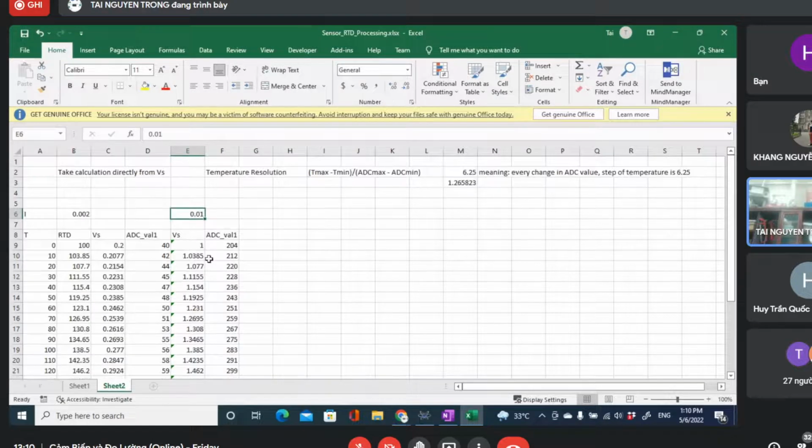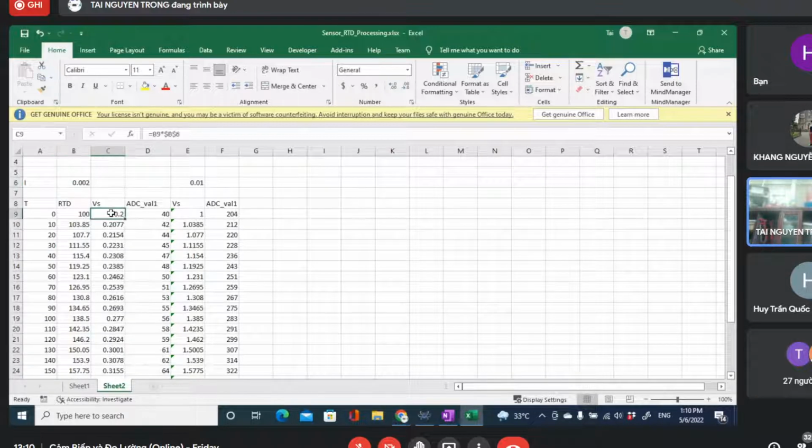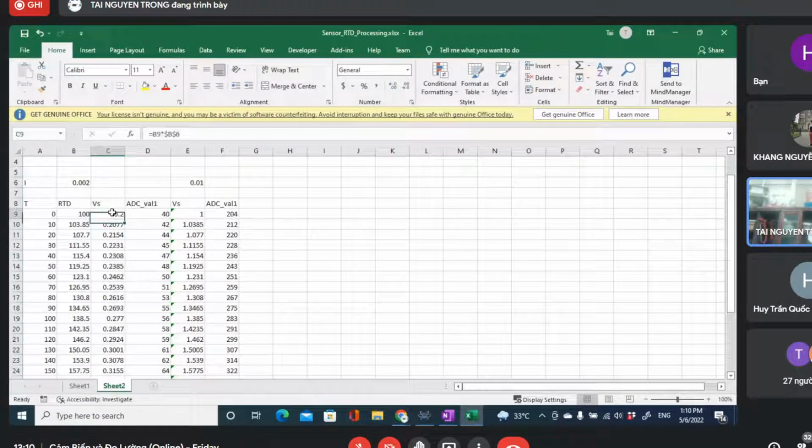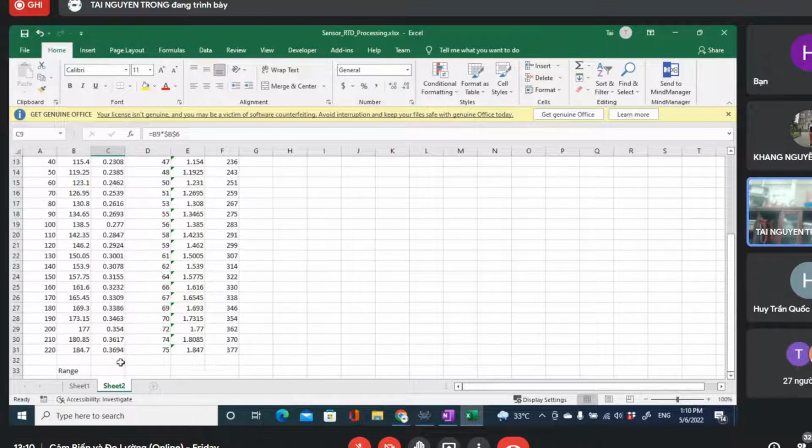Okay, but as you can see, when we increase the current, the range of measurement is small. The range of voltage is from 0.2 to this one, so it will be very small.